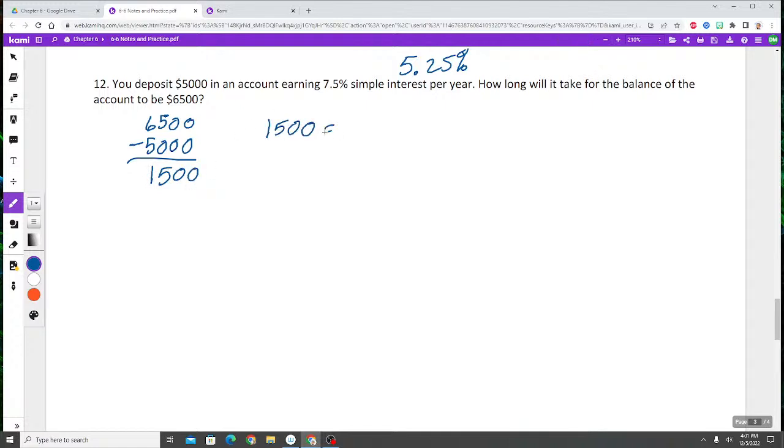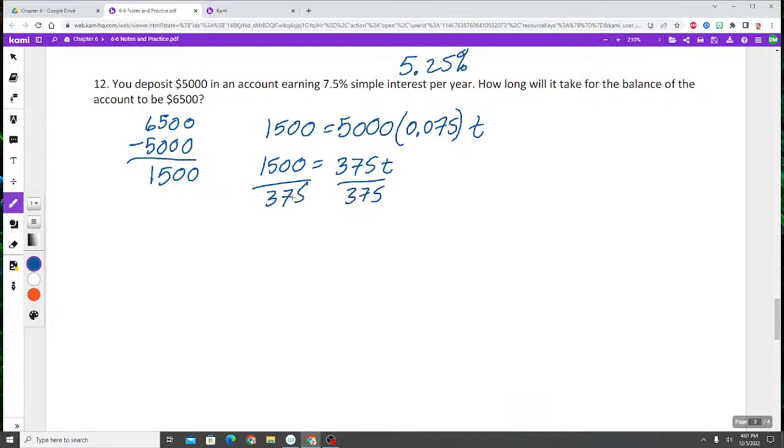So now $1,500 equals 5,000 times 0.075 times time. 5,000 times 0.075, or 7.5% interest, is 375. We divide both sides by 375. And so 1,500 divided by 375 equals 4. So the time is 4 years.